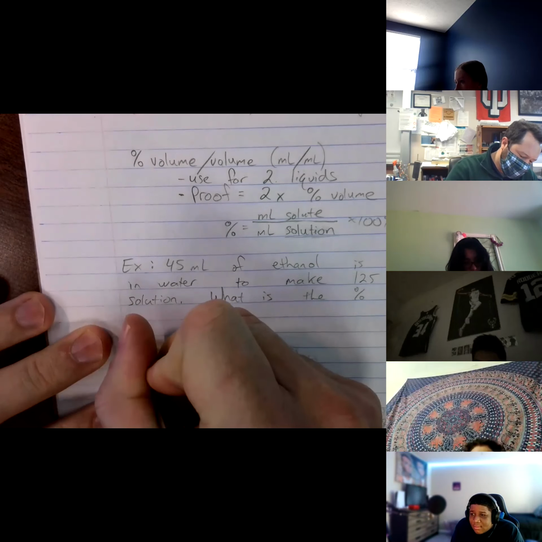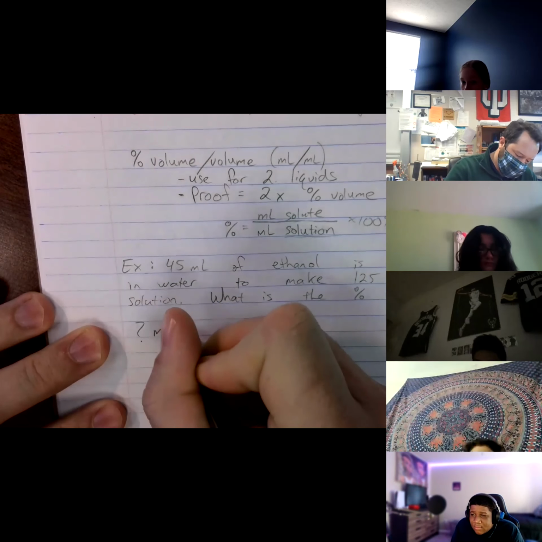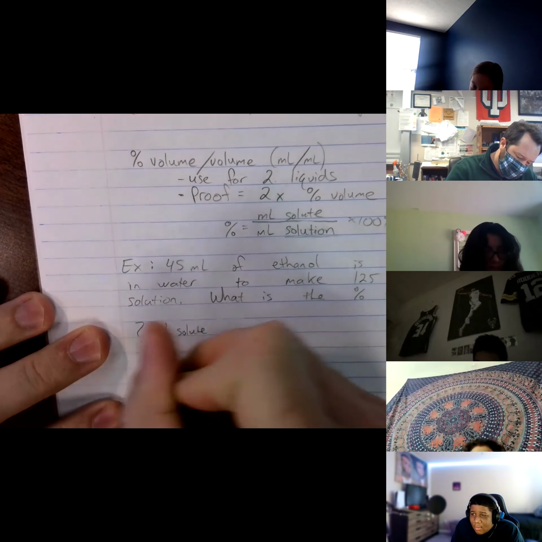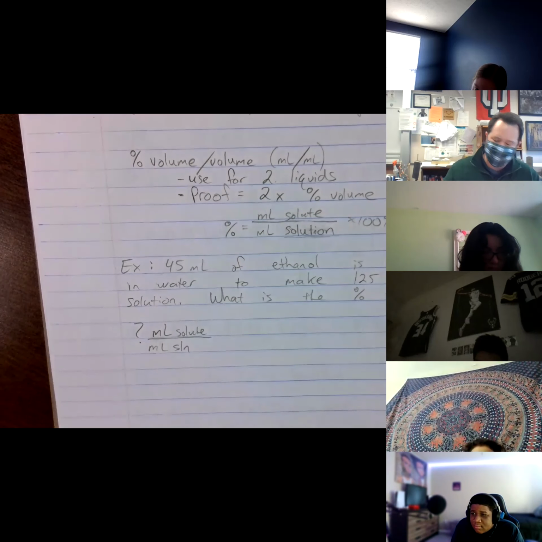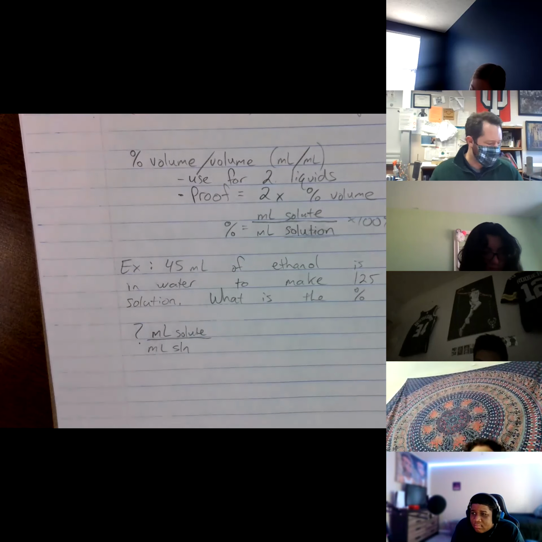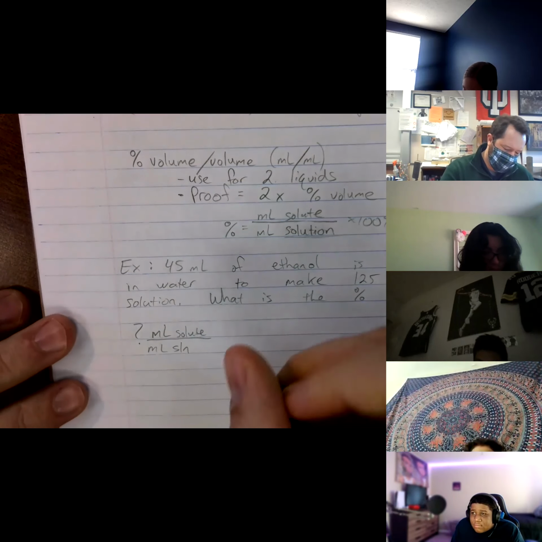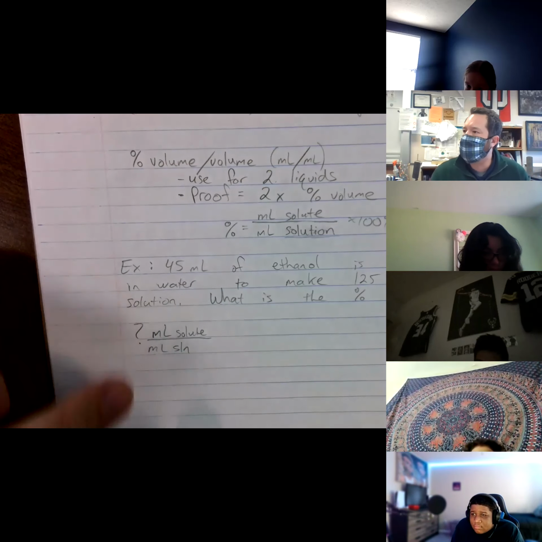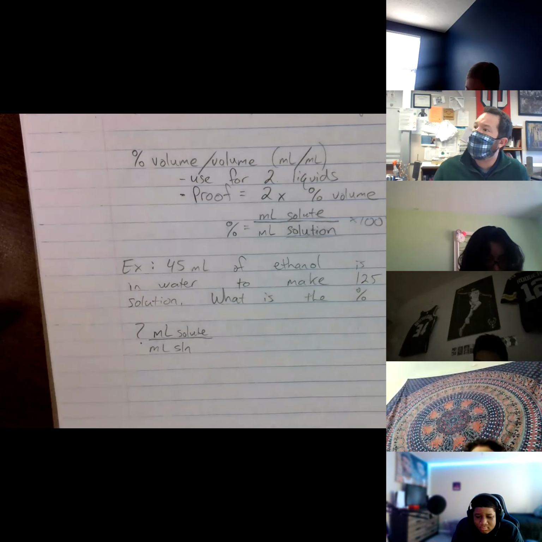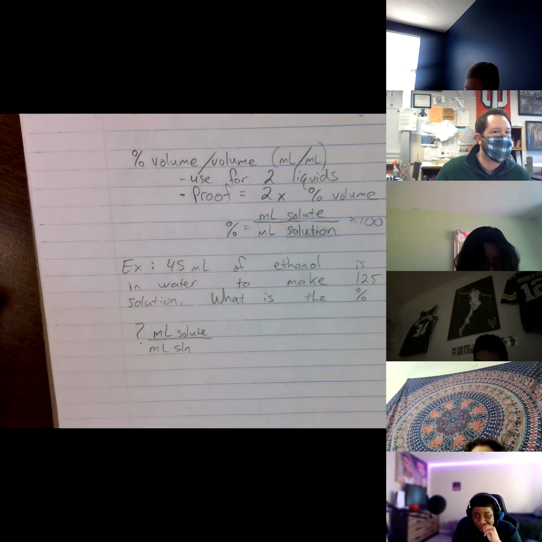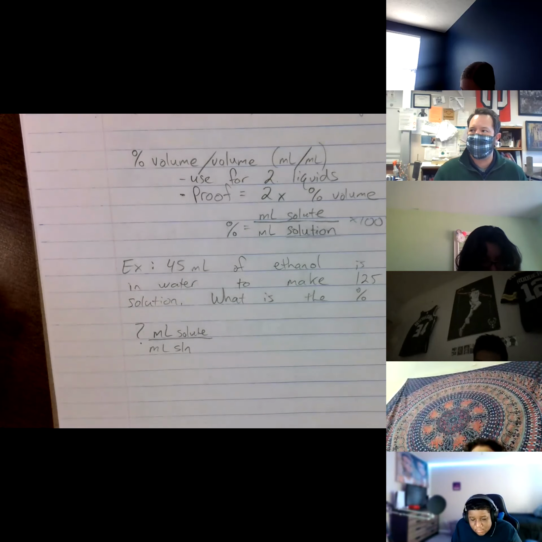So question mark, milliliters of solute over milliliters of solution. You just put SLN for solution. There. I know what I'm looking for. I've got it set up. This is an important skill for you guys to develop.